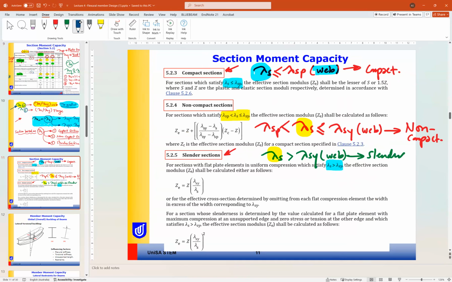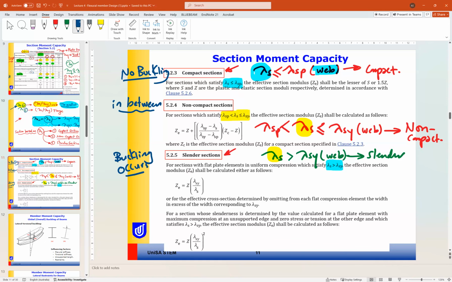So what are the consequences of the type of the section? If the section is compact, again, no buckling will happen. If the section is cylinder, buckling will occur. And for non-compact, something in between.